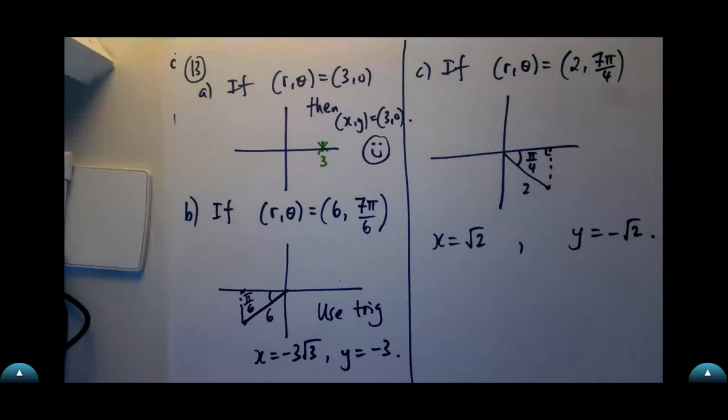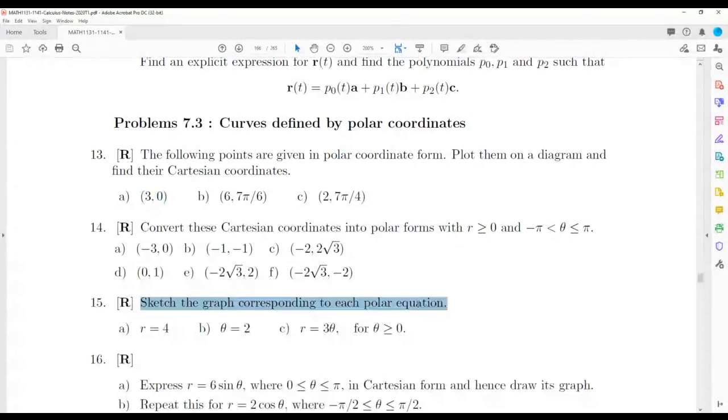Okay. Let's go and have a look at 15, because sometimes they'll ask you to sketch the graph corresponding to a polar equation. So these first ones are pretty easy.